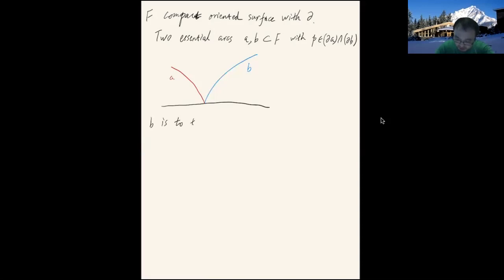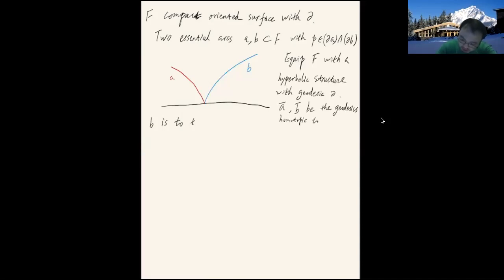I also equip F with a hyperbolic structure with geodesic boundary, and let A bar, B bar be the geodesics homotopic to A, B relative to the boundary.